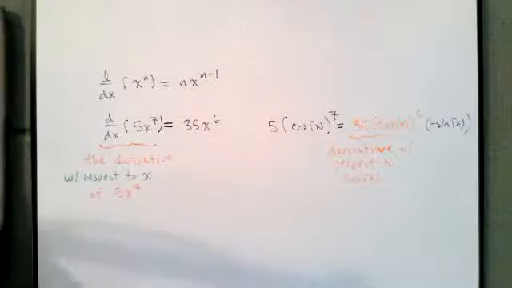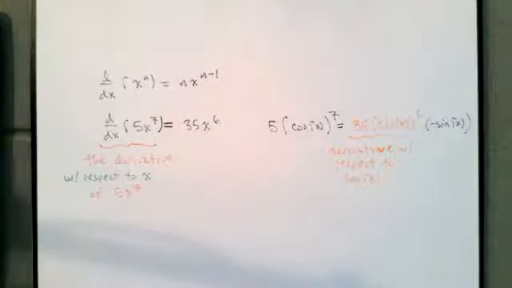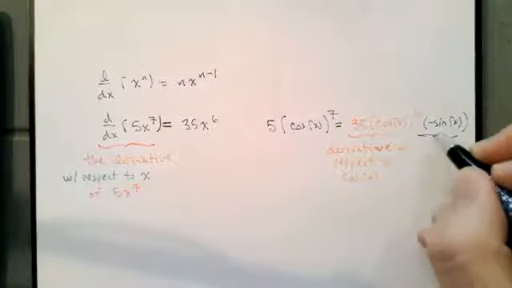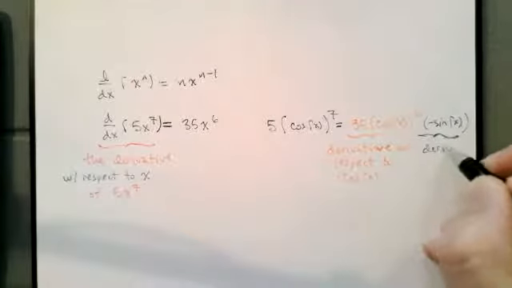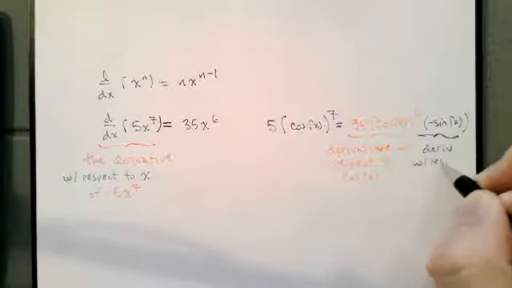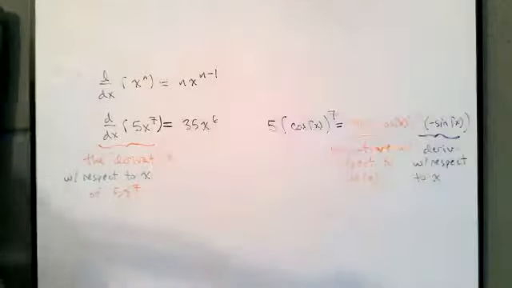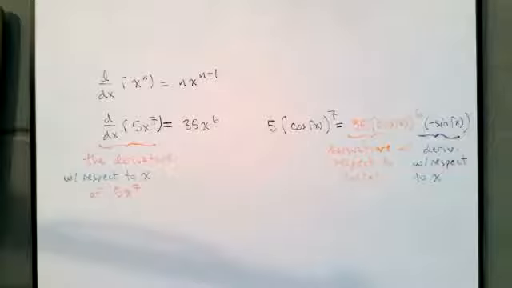The second factor is the derivative of the cosine with respect to x. That's the idea behind the chain rule. We have to think about what is the variable in play when we apply our derivative rules.